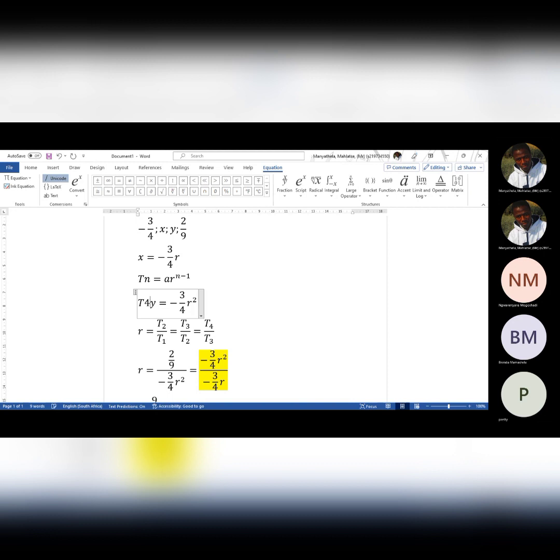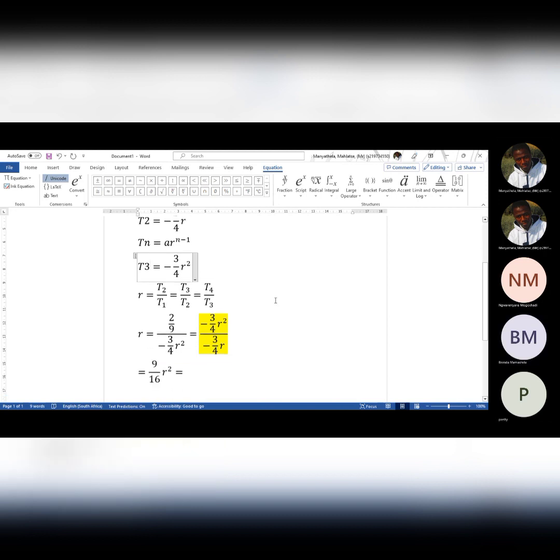This one is negative. I'm going to show this X and this Y. So T4 over T3 equals T3 over T2.